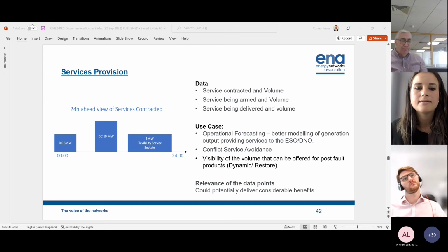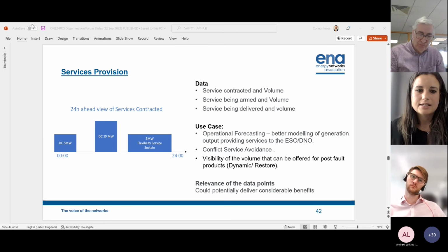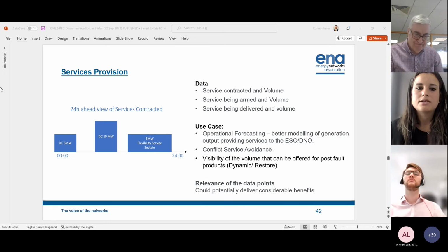So that's really important. And the next one is visibility of the volume that can be offered for post-fault services, like dynamic or restore.